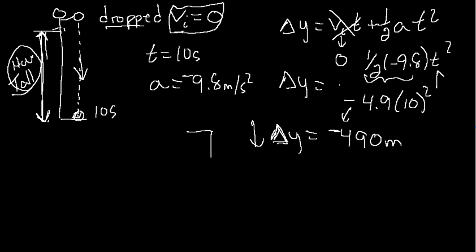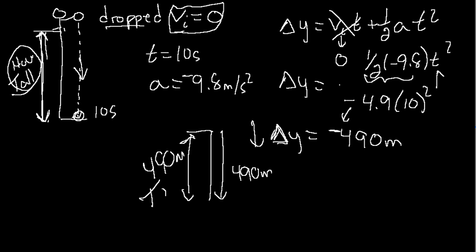So if you're at the top of a building, you're going to fall 490 meters, which means your building has to be 490 meters tall. Okay? That's kind of a problem that we did on one of the tests. And any of these free fall type of drop problems, you can do the same thing, especially if they're being dropped.